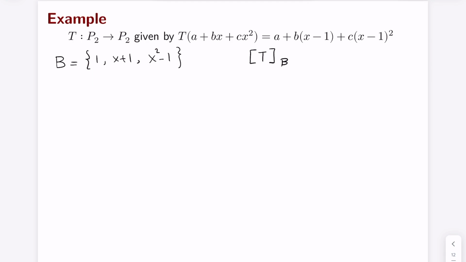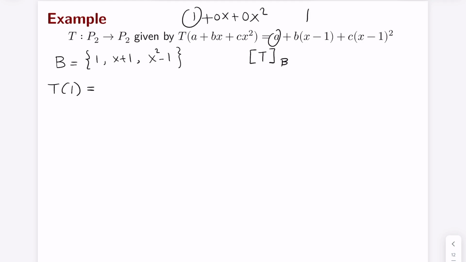So I'm going to transform the first vector. This is 1. I transform it following the definition here of the transformation. This polynomial 1 is a polynomial 1 plus 0x plus 0x squared, right? According to this formula, it will be transformed just into 1.